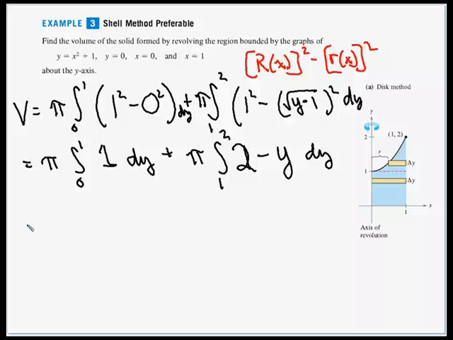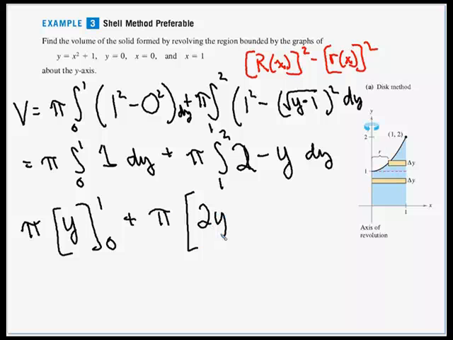And we're ready to integrate pi. We integrate 1 with respect to y, and we get y, evaluated from 0 to 1, plus pi. Take the antiderivative with respect to y. It's going to be 2y minus a half y squared, or y squared over 2, evaluated from 1 to 2. And we run our upper and lower limits through there.